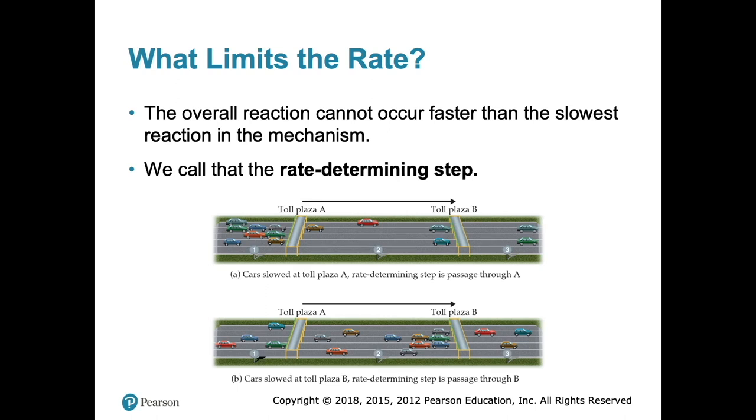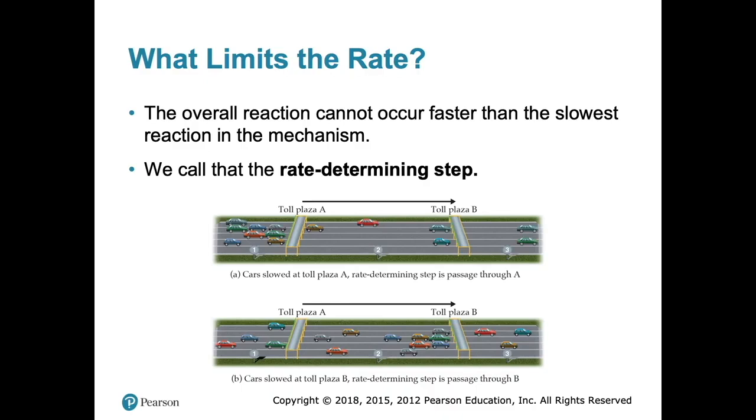So here in this picture right here, which I haven't actually seen yet, so let me study it real quick, right? So cars are slowed down at toll plaza A, and so that's the rate determining step in the passage through A, since they're being bottlenecked right there.